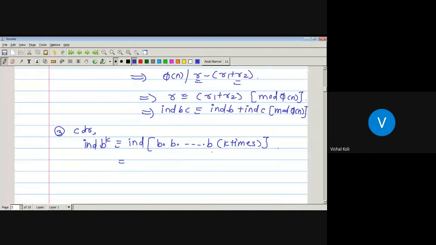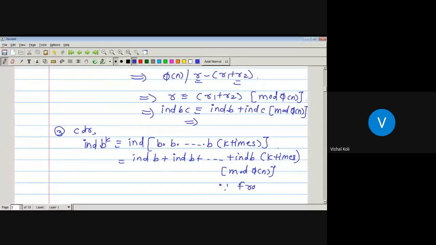Therefore, index of b into b and so on k times is index of b plus index of b plus and so on index of b, k times, over modulo phi of n.